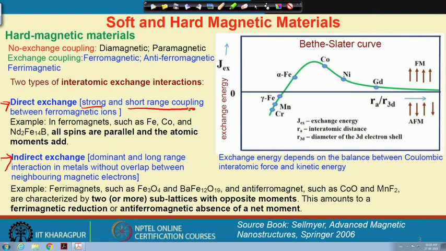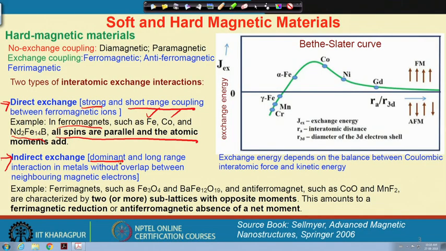So, this is a short range coupling between two ions, and examples are ferromagnetic materials like iron, cobalt and neodymium iron boron. All the spins are parallel and the atomic moments add up, so we can enhance the magnetic properties.